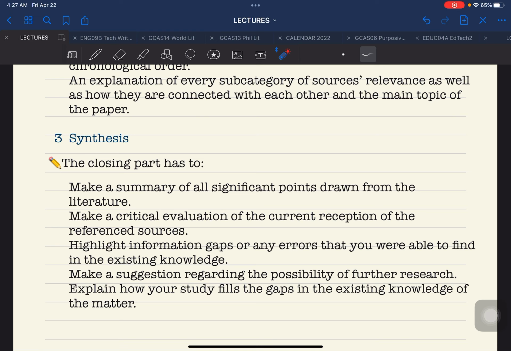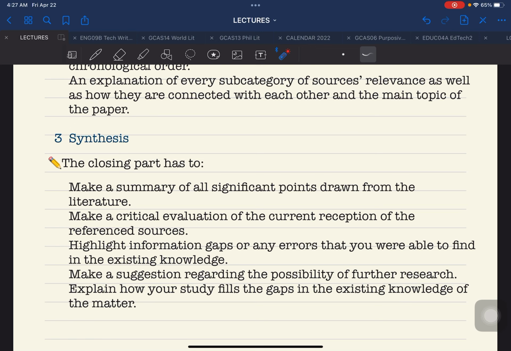So you really need to prove that there is a vacuum. No study has been conducted relevant to the study that you are presenting, and that this is necessary because of that particular reason. So explain how your study fills the gap in the existing knowledge of the matter or of the issue that you are conducting.